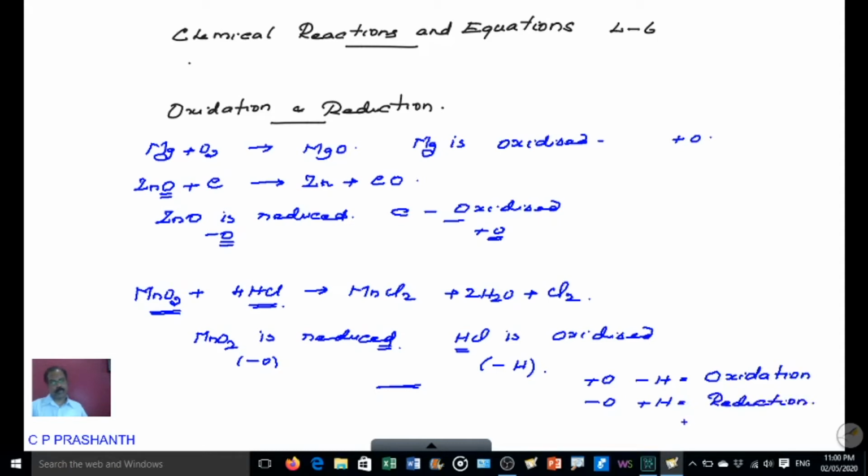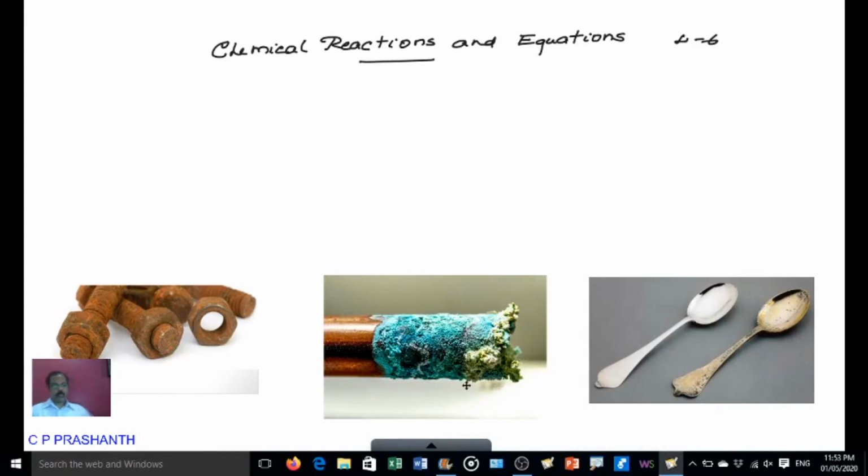Let us examine the effects of oxidation and reduction in daily life. Now you can see some iron bolt which is rusted, a piece of copper pipe which is also corroded, and a silver spoon which is corroded.